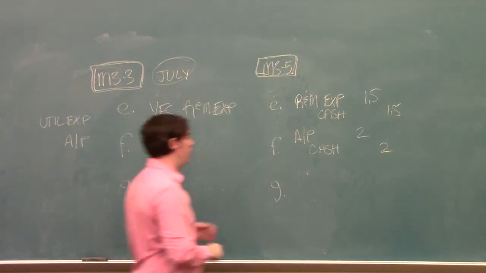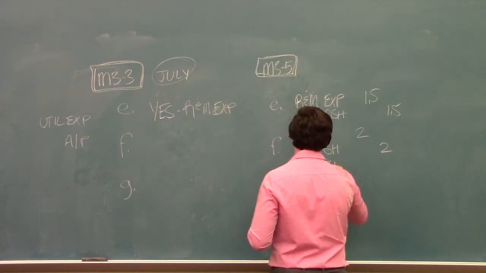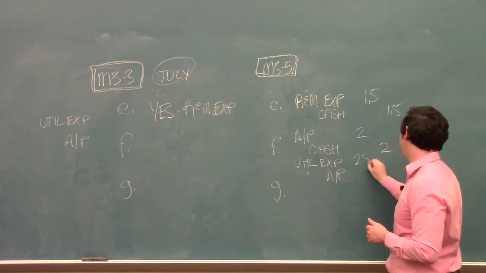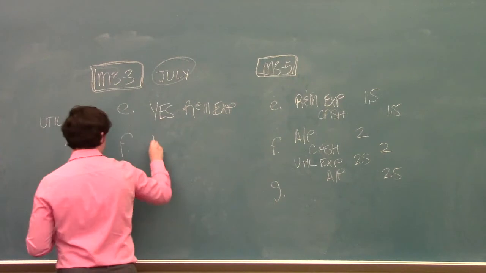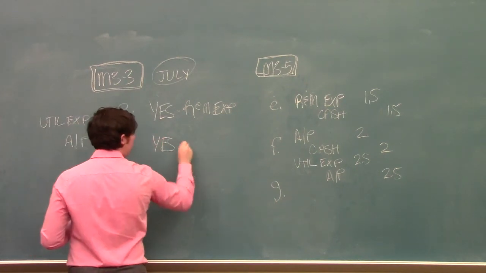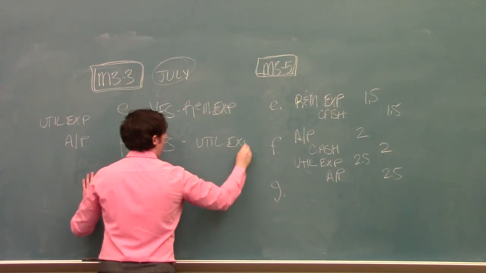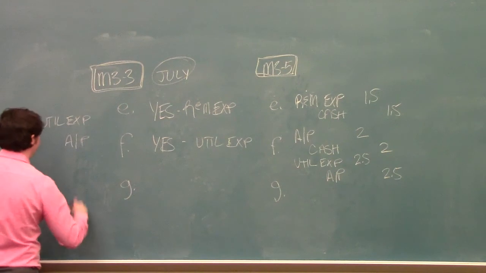We debit utilities expense and credit accounts payable for $2,500. And since we're incurring an expense, the answer is yes, we did have an expense, utilities expense, just like the original journal entry we made in June.